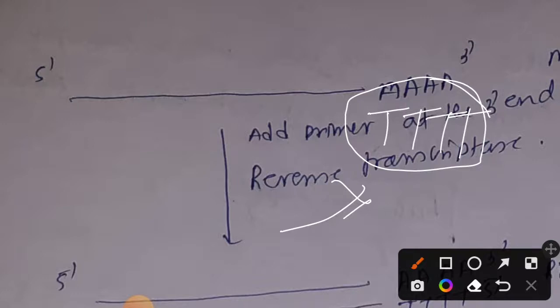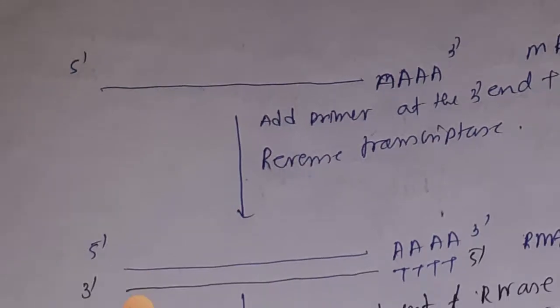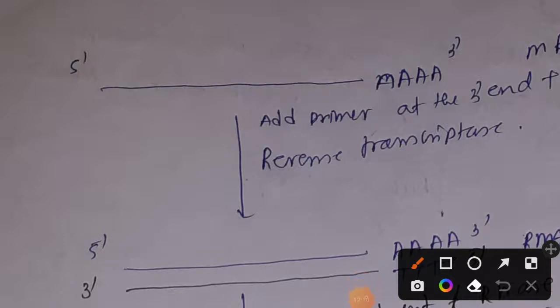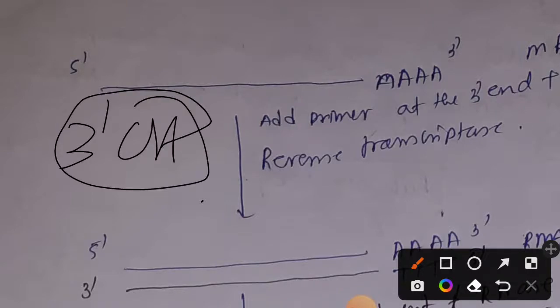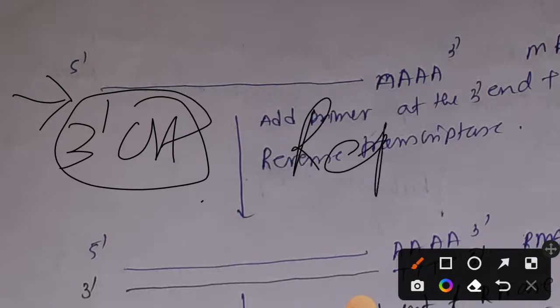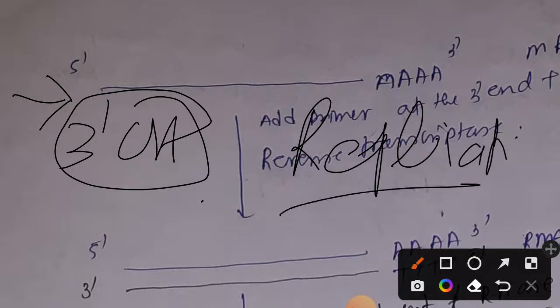Now why are we providing the primer? Because remember, no polymerase can initiate DNA synthesis. It only has the ability to perform extension if it somehow gets a 3' OH group from somewhere. In normal DNA synthesis, that is our natural replication process, the 3' OH group is provided by the primase, right?